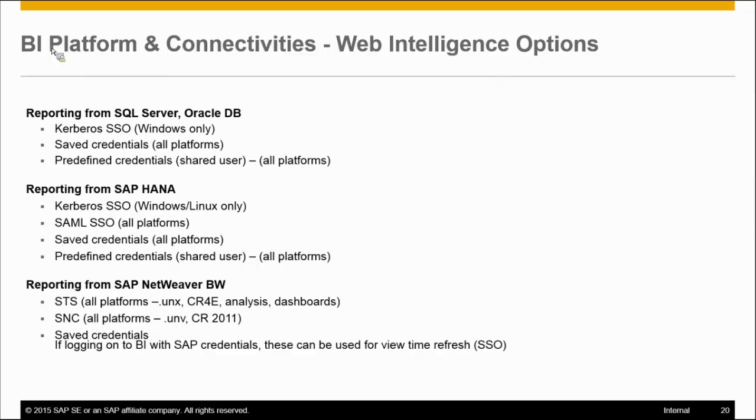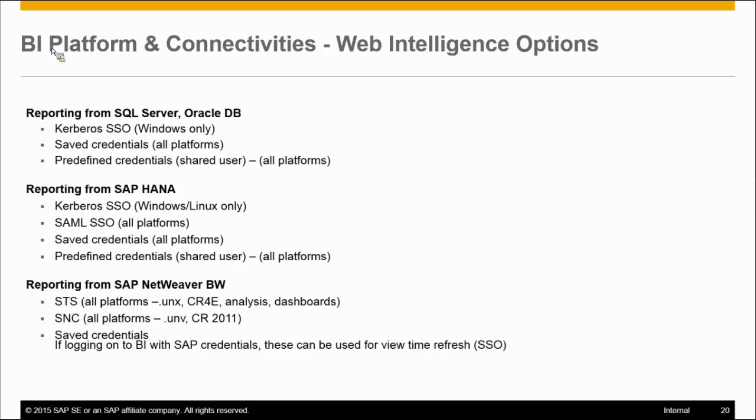For SAP HANA, you have to set it up using Kerberos and SAML as previously explained. Kerberos is usually more straightforward. If you want a fully integrated solution, it would be better to do it with SAML. For any other data sources which are not Windows or Linux, you have to again save the credential.